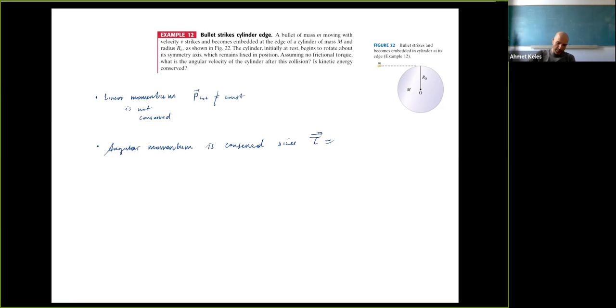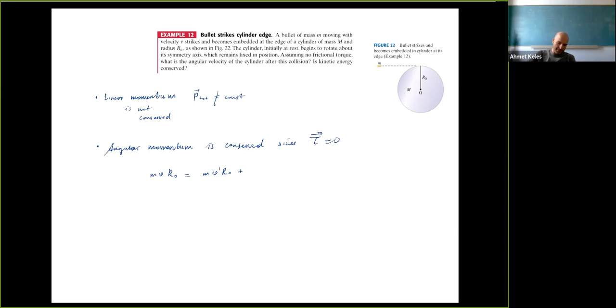So initial angular momentum is what? Before the collision, I have R cross P, right? It's m v r naught initially. And finally, it is going to be m v prime r naught. This is the bullet contribution.